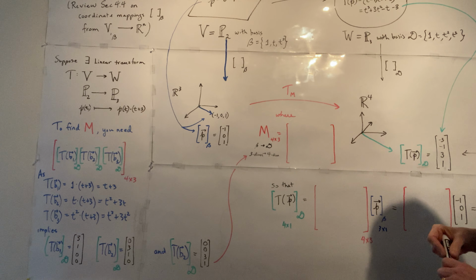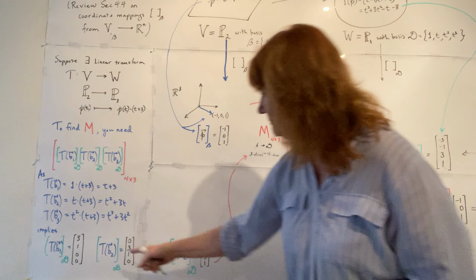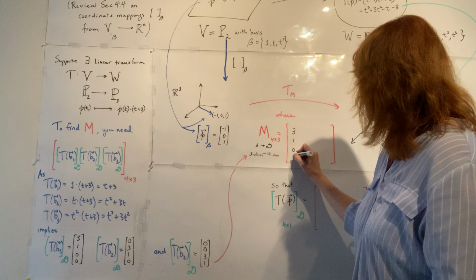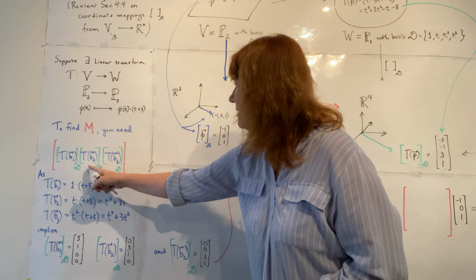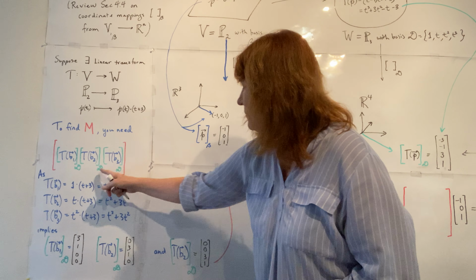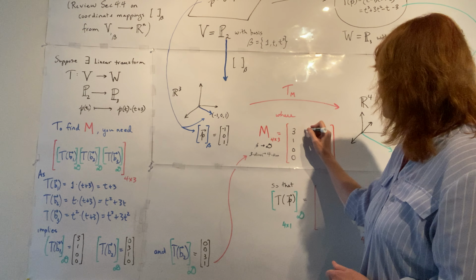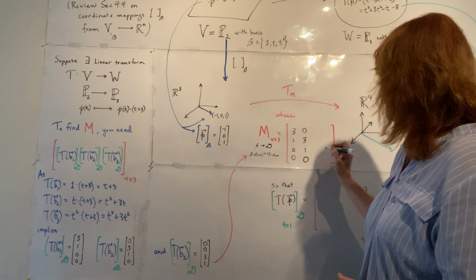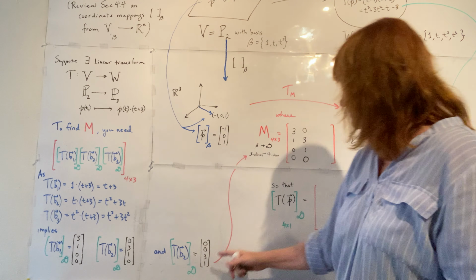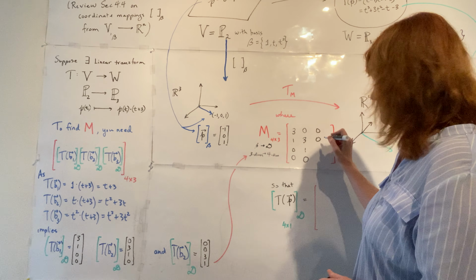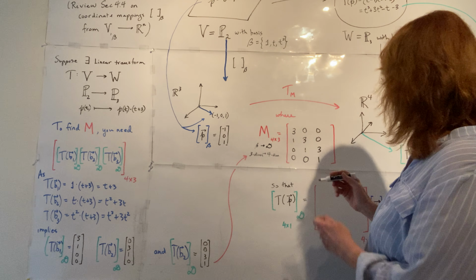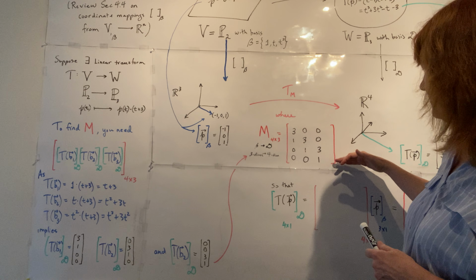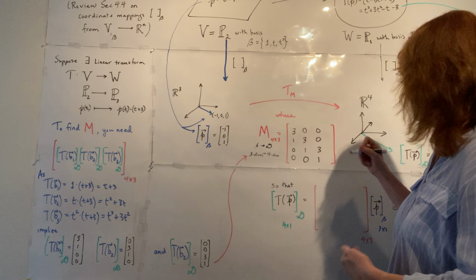So what have we found out should be in there? 3, 1, 0, 0 should be the first column. T of B2, its coordinates are 0, 3, 1, 0. And T of B3 is 0, 0, 3, 1. And yes, that's a 4 by 3, 4 rows, 3 column matrix.